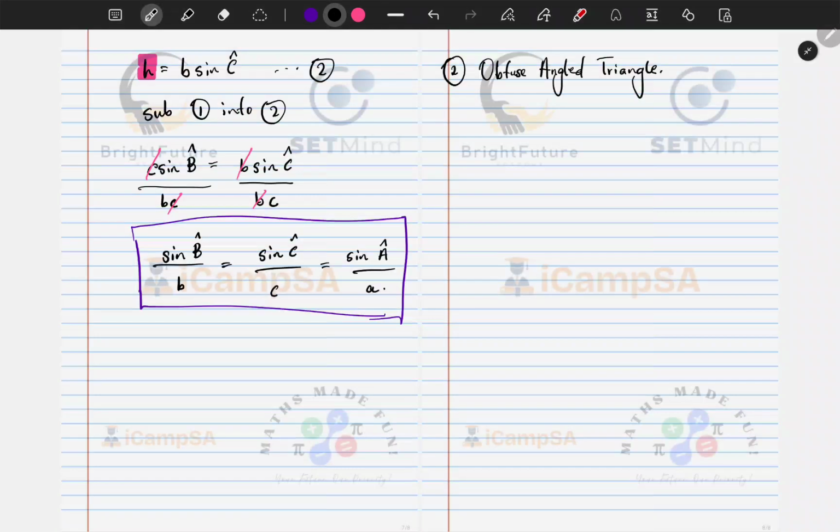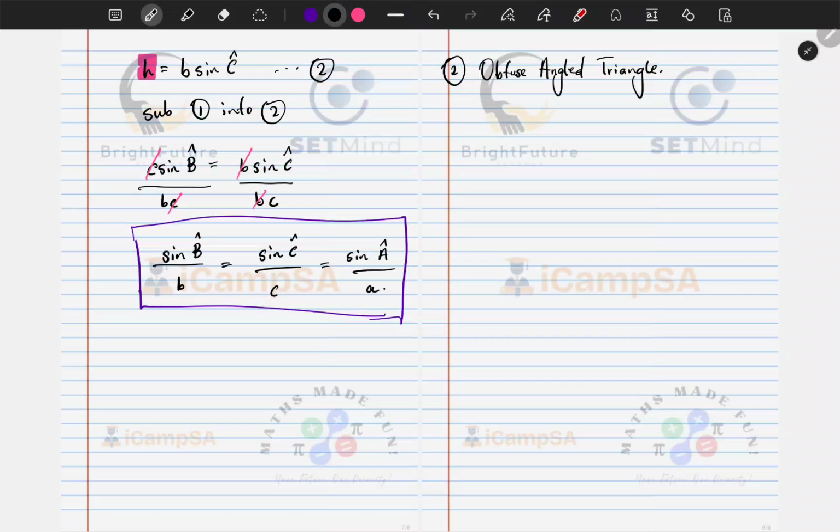Most of the time they won't ask you to prove it for an acute or obtuse-angled triangle. You will be given a triangle and you should be able to look at it and detect if it's an obtuse-angled triangle or an acute-angled triangle.